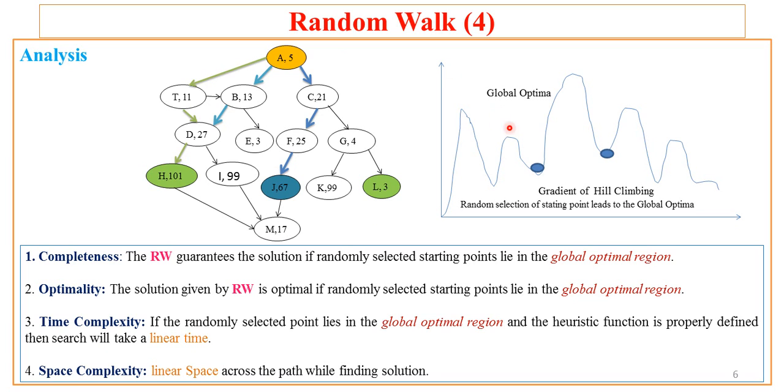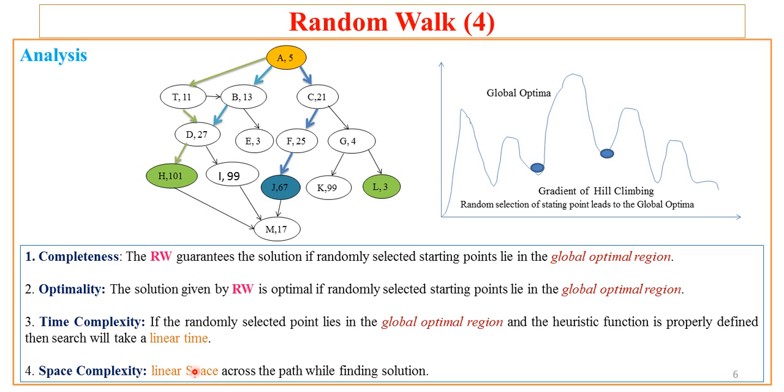Suppose the initial starting point was A, then the randomly picked point is T, which is nothing but the child of A, and after that suppose the randomly picked point is D, and again fortunately it selects H, then to reach the global optima it takes linear time.